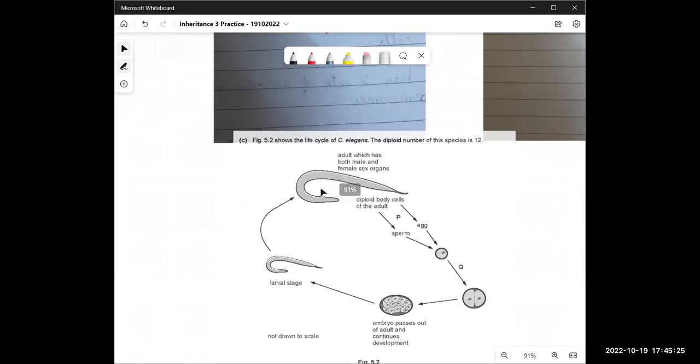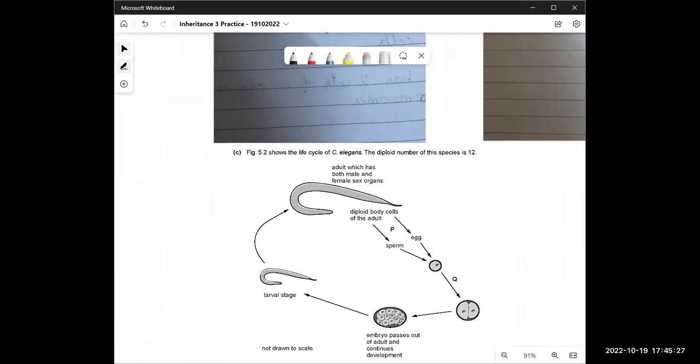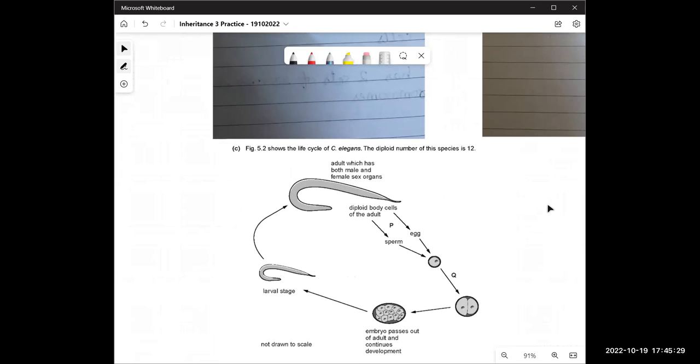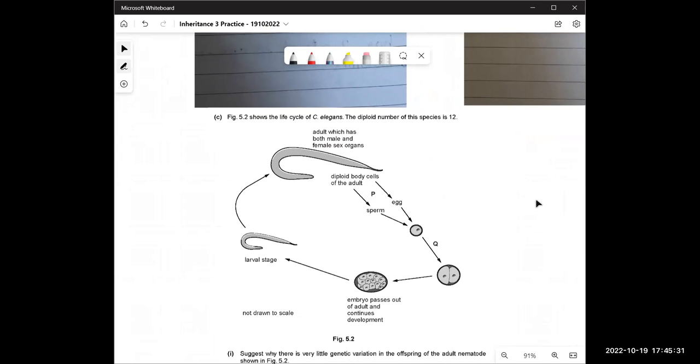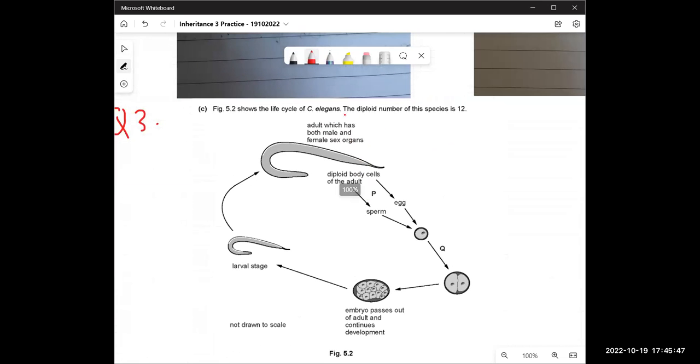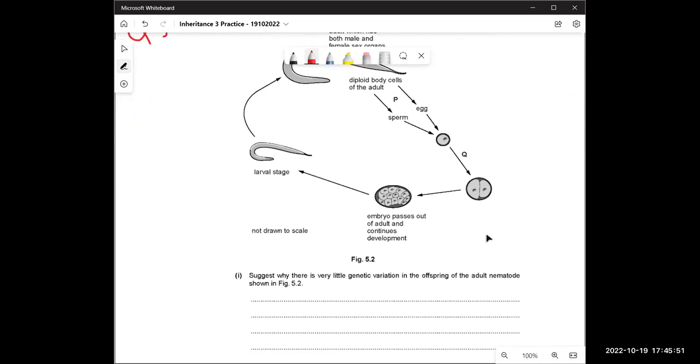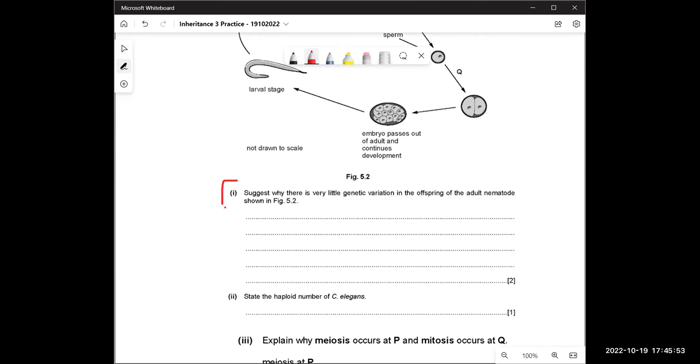Read the question, Safa. Figure 1.2 shows the life cycle of C. elegans. The diploid number of this species is 12. Fine, let's stop. Read from here.